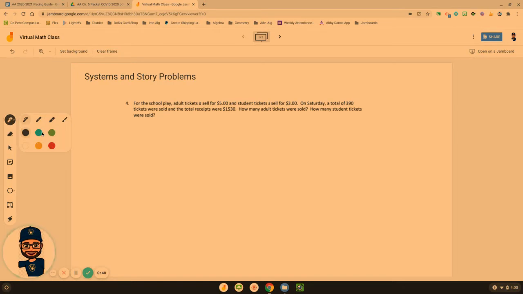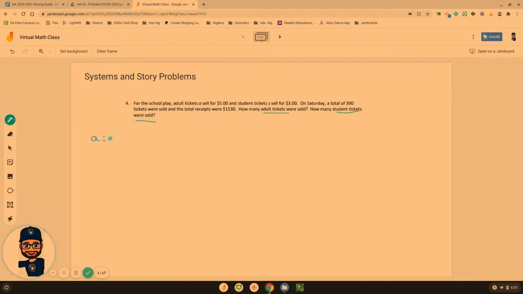So hopefully you can see we've got two missing pieces: how many adult tickets were sold and how many student tickets were sold. And so we've got two missing variables, which means we need to come up with at least two equations. That'll help us use substitution or elimination.